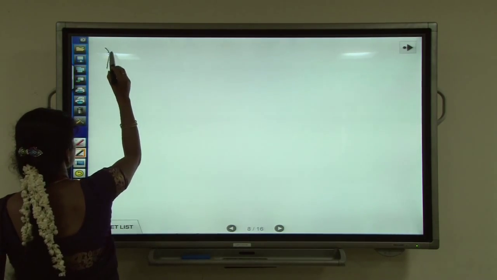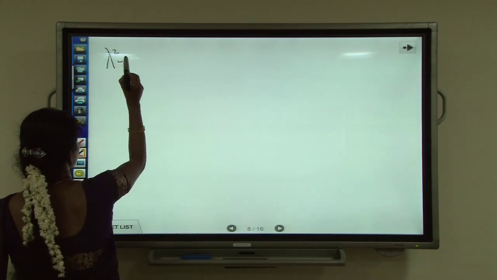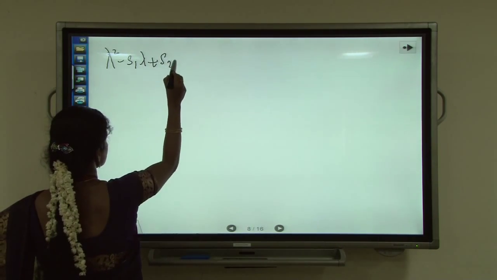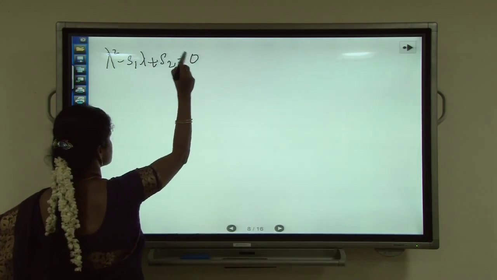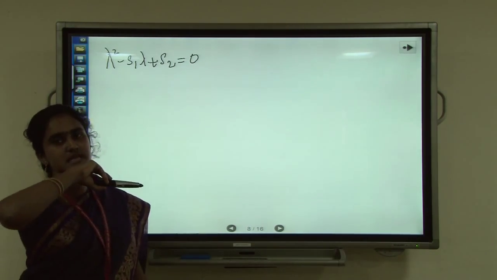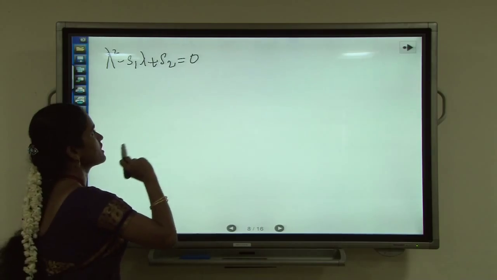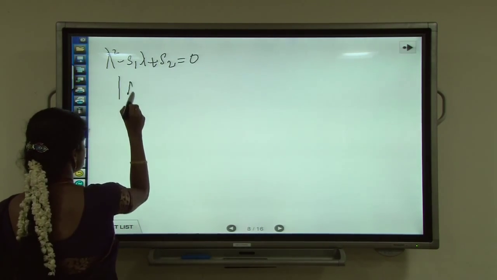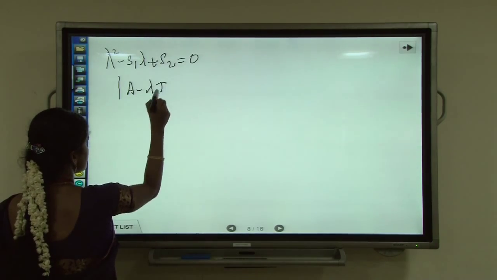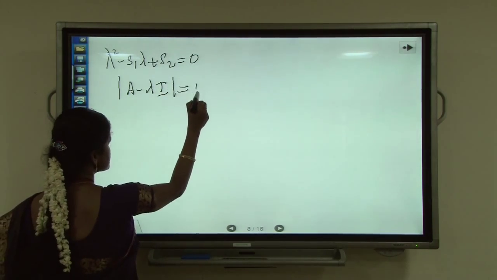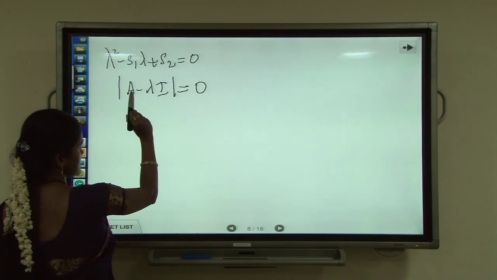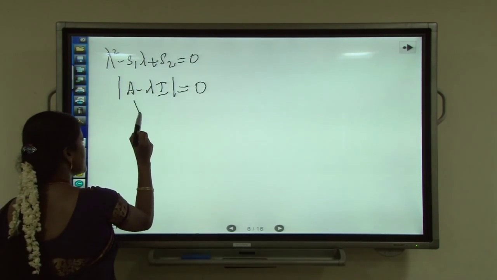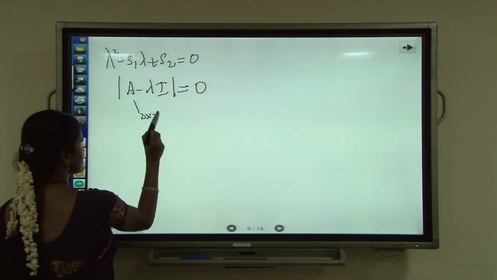This lambda square minus S1 lambda plus S2 is equal to 0 is the characteristic equation for a 2 cross 2 matrix. This comes from determinant of A minus lambda I is equal to 0. Provided A is 2 cross 2, we get this form.